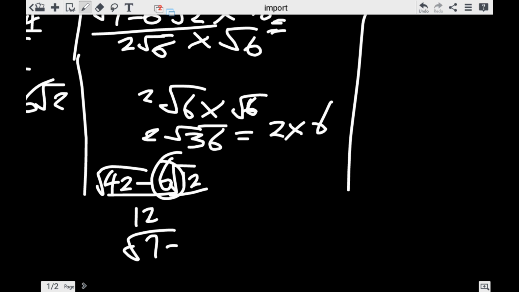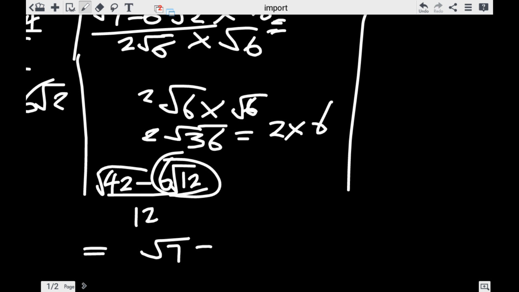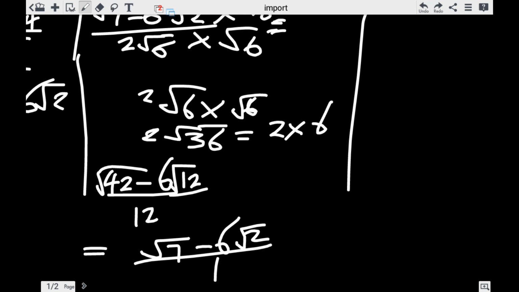So we should say 7 minus 6, so root 7 minus, take that value divided by root 6, so this is 6 root 2 over 12. So that is it. That is the answer. So here is the answer.